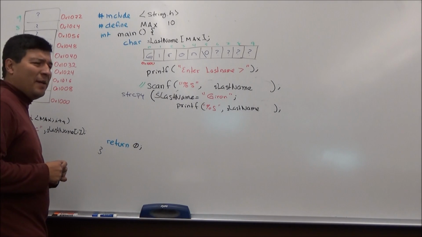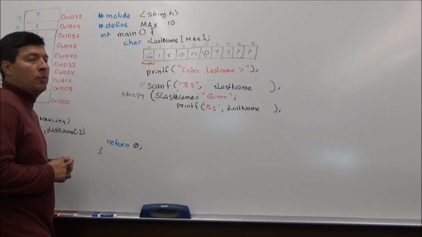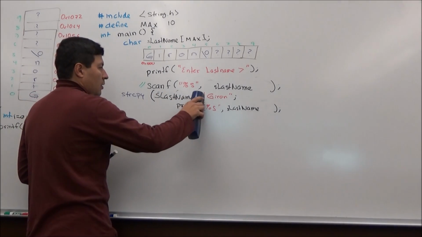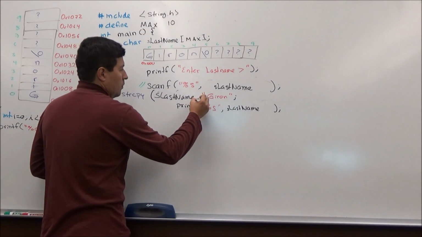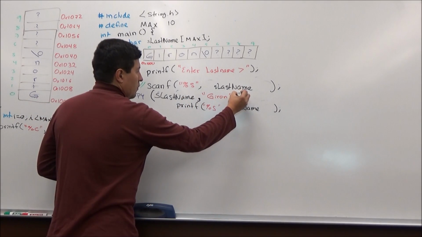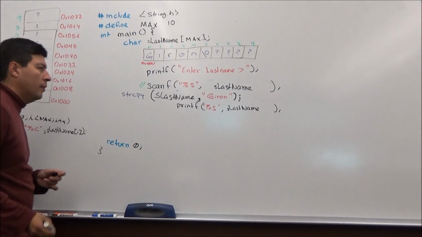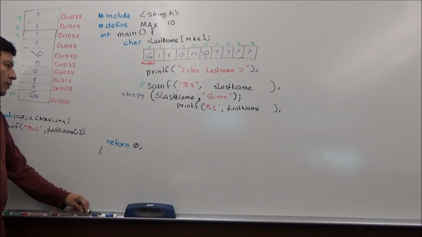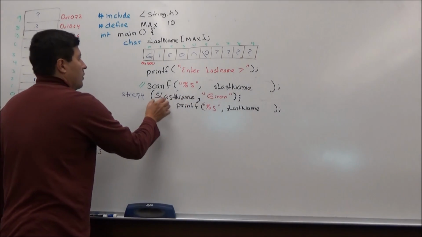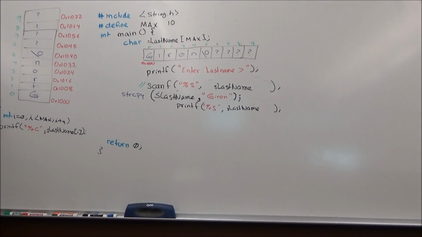For some reason they did it backwards, in my opinion. They put the destination and then the origin. Now that works. It's gonna copy this to this, and it's gonna put the null terminator for you.